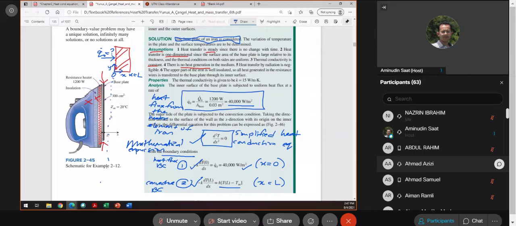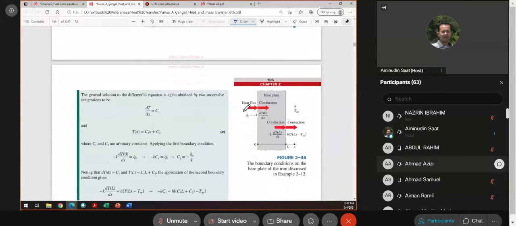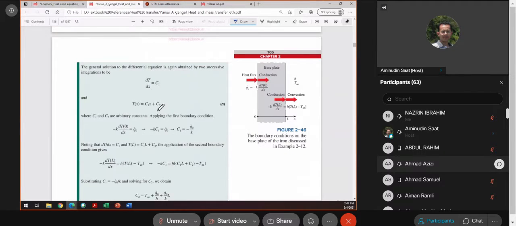Once you have the mathematical expression, you need to solve it using integration.